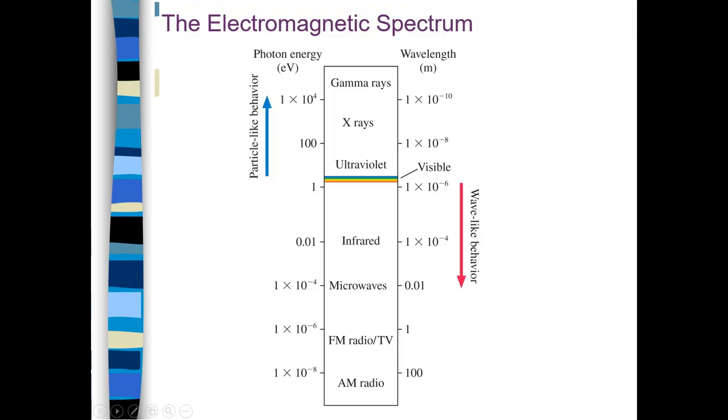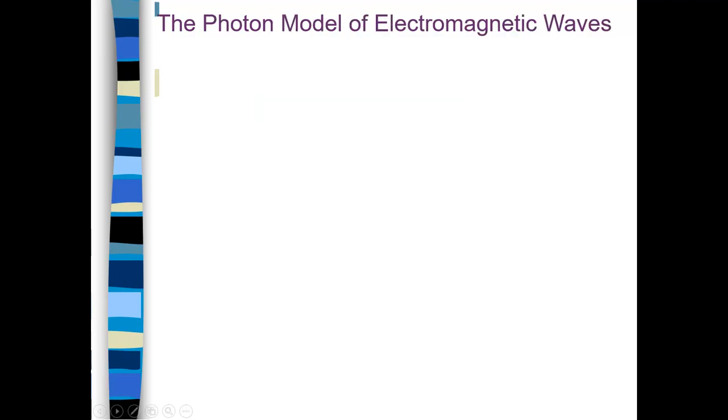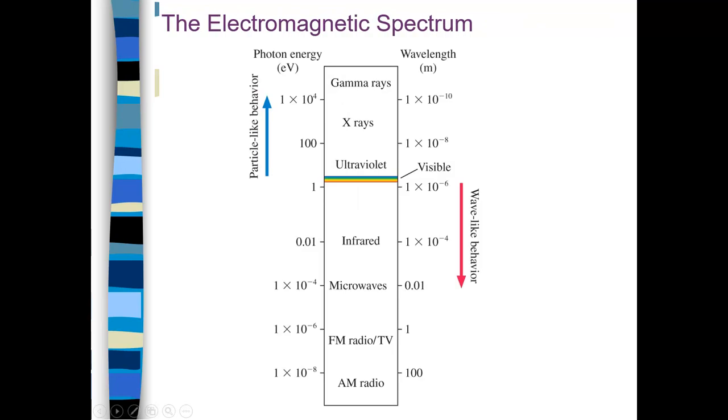What we see as visible light is right here in this very small band. And then as the wavelength gets larger and larger, going backwards, the photon energy becomes less and less. So the light waves are carrying less energy.